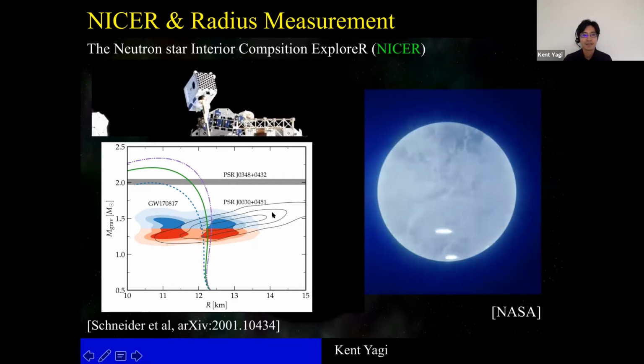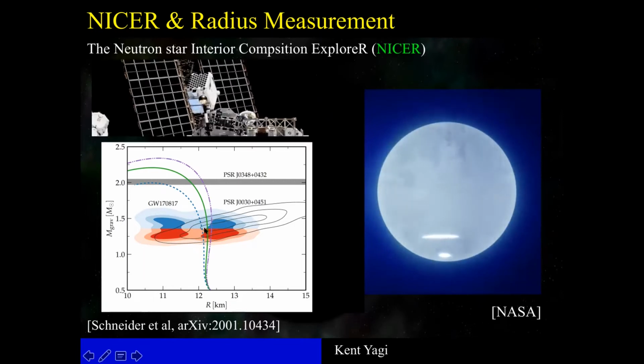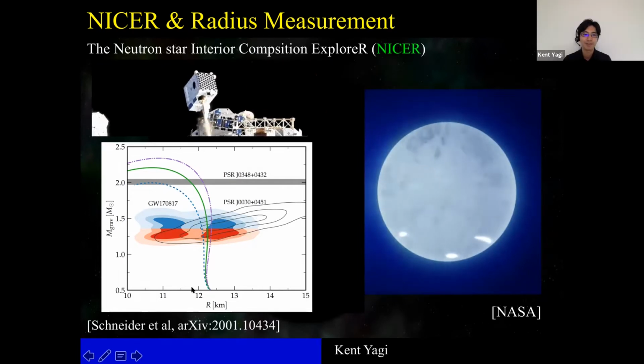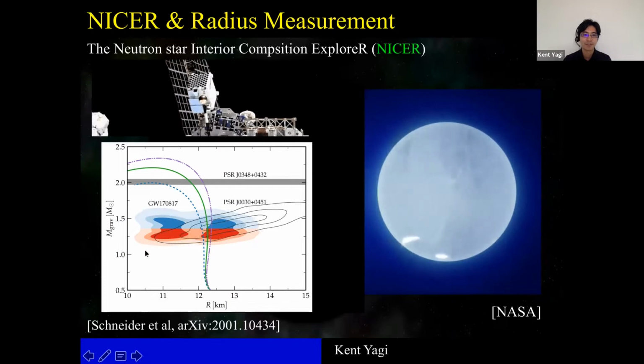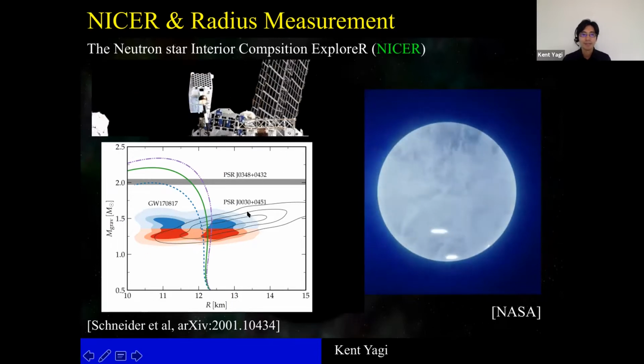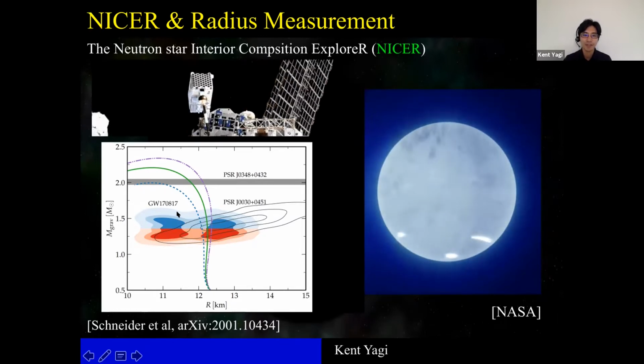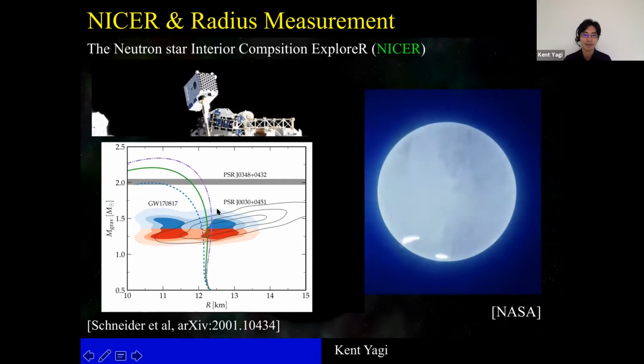NICER prefers a stiffer equation of state with larger radii, while gravitational waves prefer a softer equation of state with smaller radii, but there's an overlap between the two. My talk today focuses on using these observations of NICER and LIGO-Virgo to measure nuclear parameters.